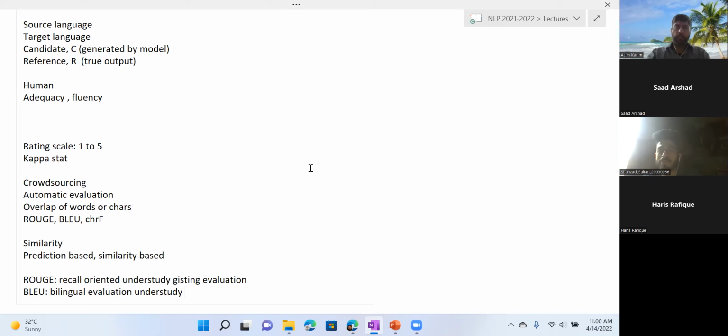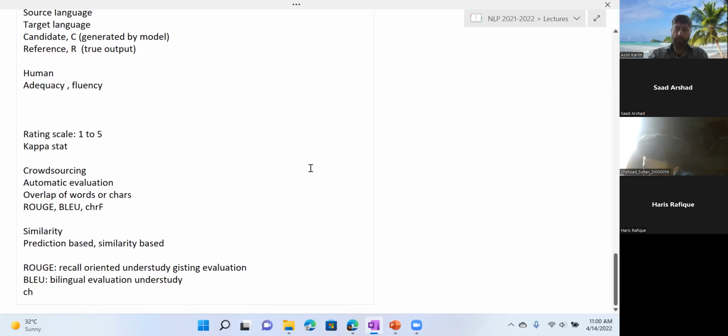This was an extension to Rouge, and this was primarily designed for translation, and is primarily based on precision, not recall. And then we have CHRF. This is character based F score. F score, of course, includes both precision and recall. Okay. We will discuss this next time.